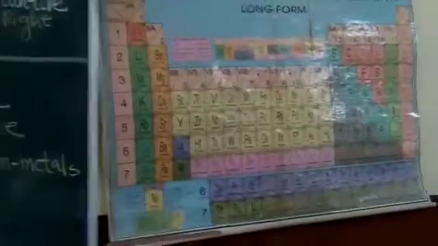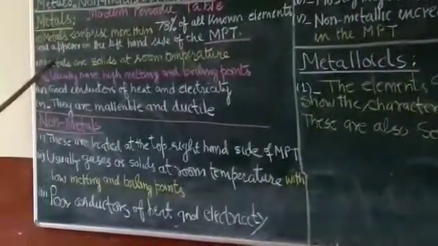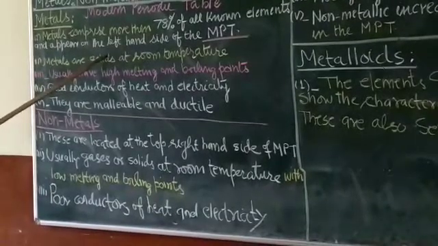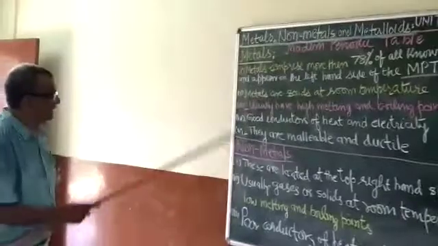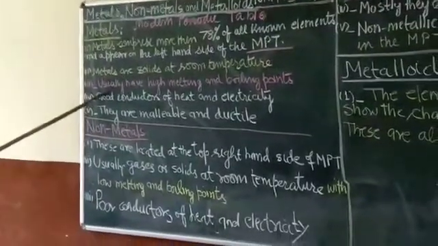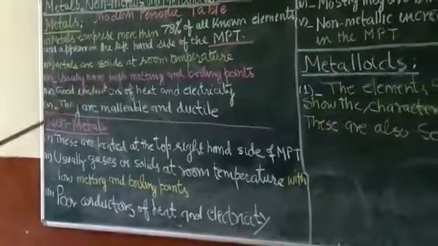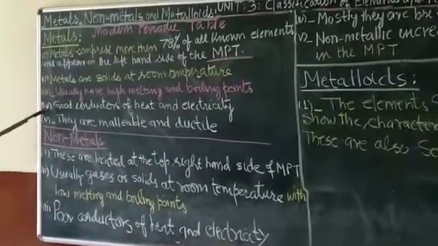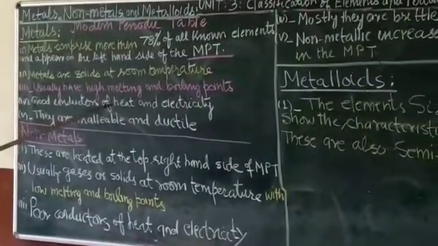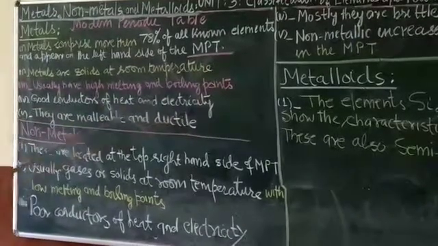Coming to property number 2. Metals are solids at room temperature. You know this. Third one, usually they have high melting and boiling points. Fourth one, they are very good conductors of heat and electricity.